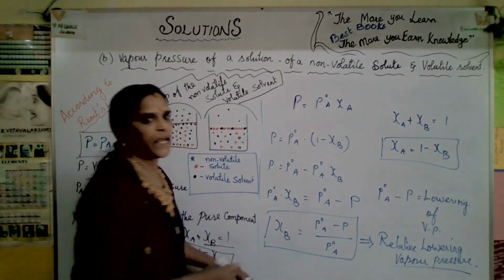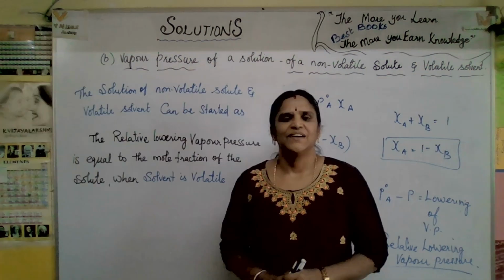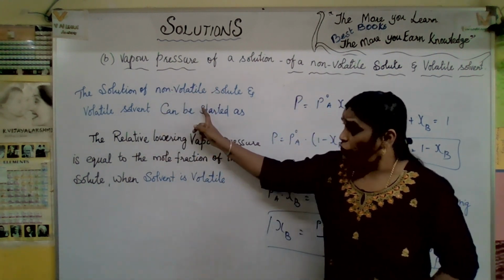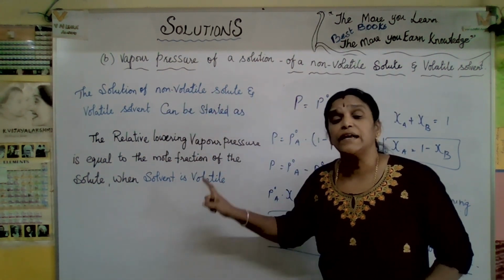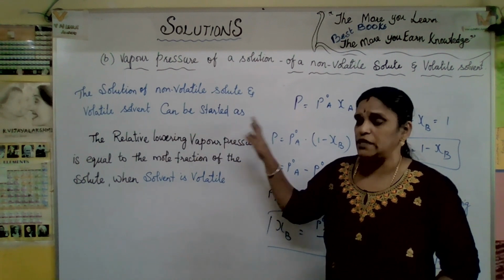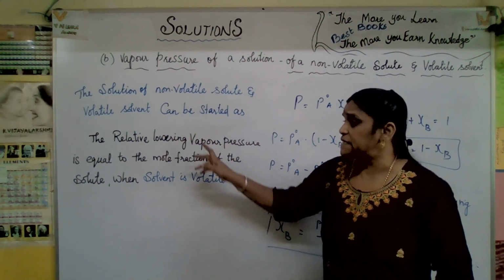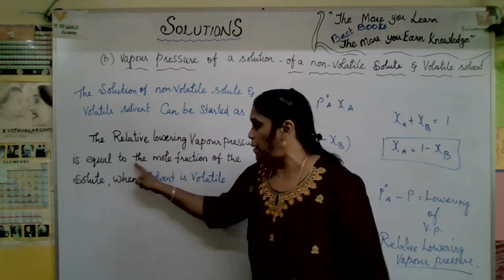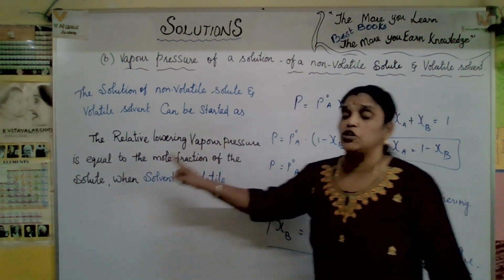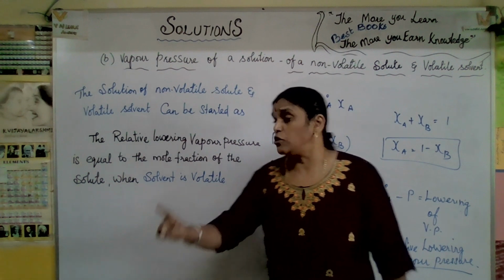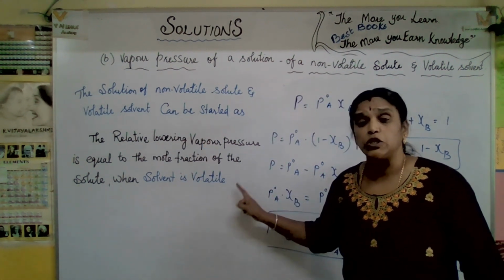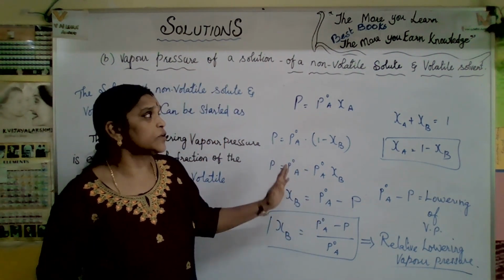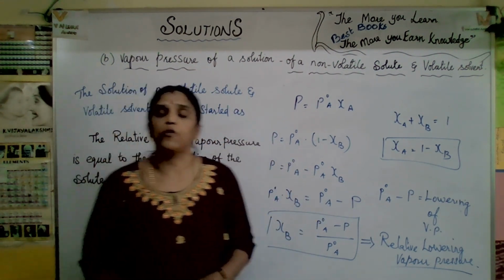Hope you got an idea how to go for this. Finally, we can conclude that for a solution of a non-volatile solute and volatile solvent, the relative lowering of vapor pressure is equal to the mole fraction of the solute. In that also, the solvent should be volatile. I hope you got a better idea about this second category of Raoult's law.